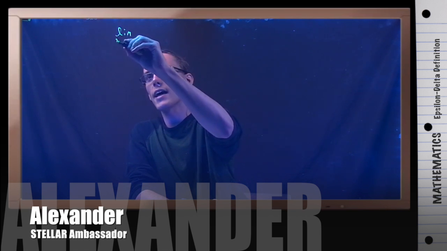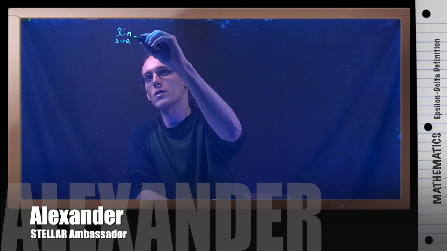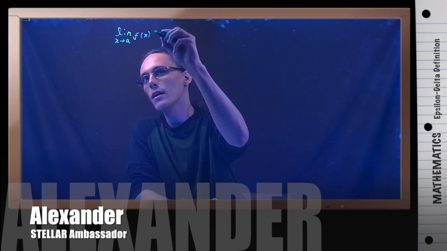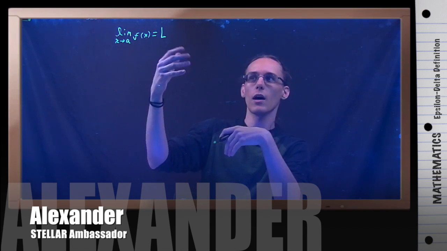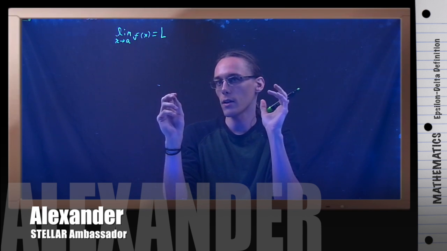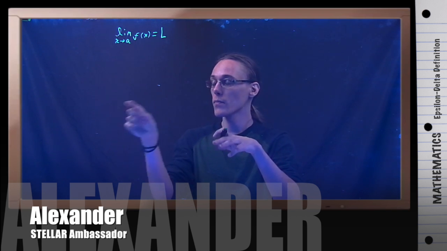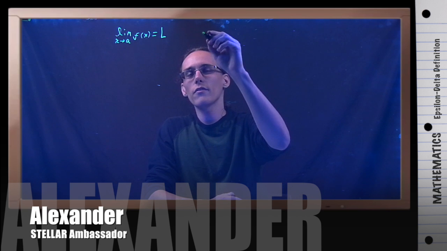If you've got some limit as x approaches some number a of some function, and you say that that's equal to L, let's say you start with this, which you can come up with however you like, intuitively or otherwise, but now you want to prove that that is indeed the limit. Well, the formal definition looks like this.